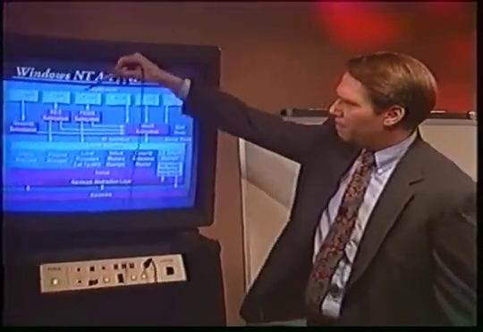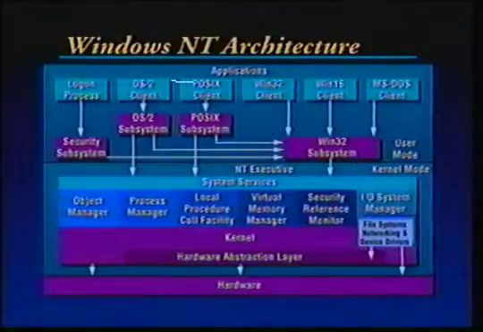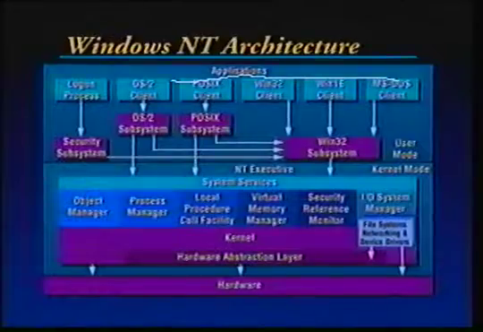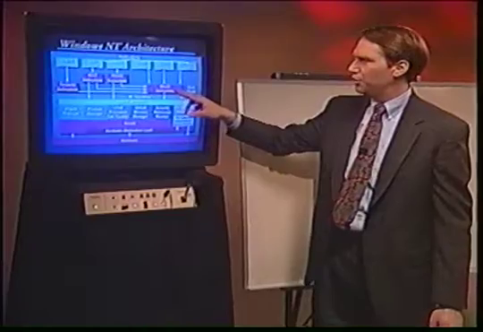Up here at the top, we have our applications that we would be running. These would be written using a particular set of APIs, again, a DOS API, a POSIX API, or so forth. Those applications are then handled by the appropriate subsystem, such as OS/2, POSIX, Windows 32.